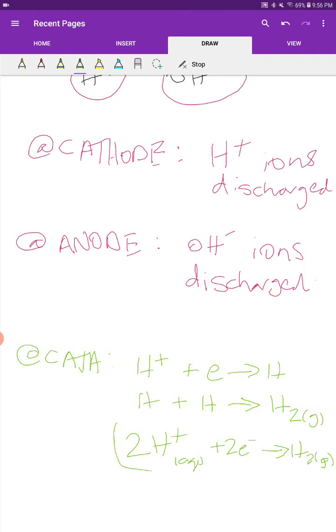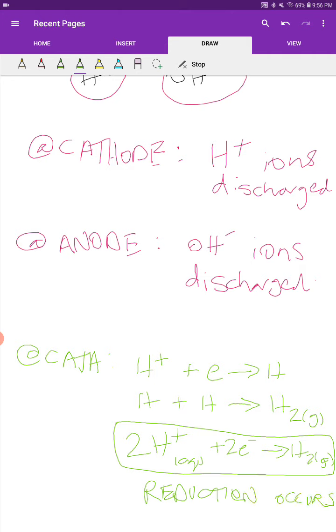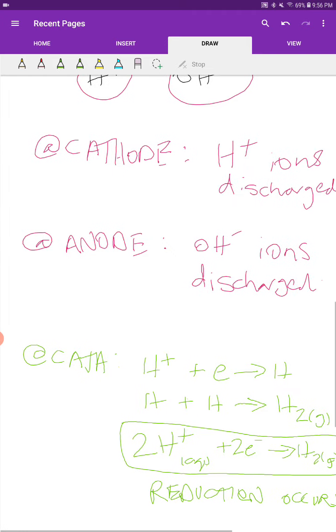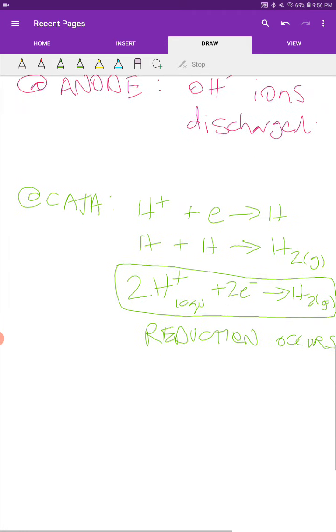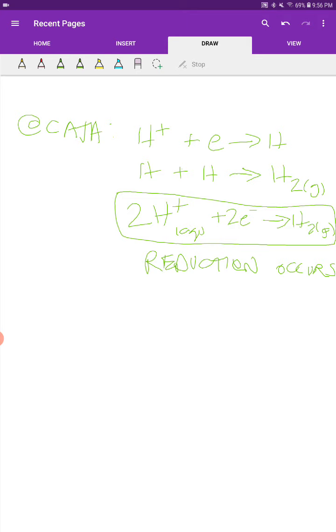Okay, so that's your half equation. Because you're gaining electrons here, you know that that process is, think your OIL RIG, oxidation is loss, reduction is gain. You know that reduction is occurring. So at your cathode, reduction is occurring.